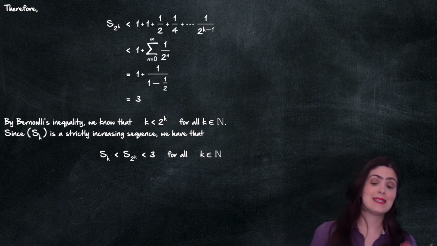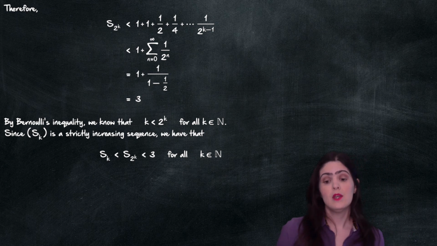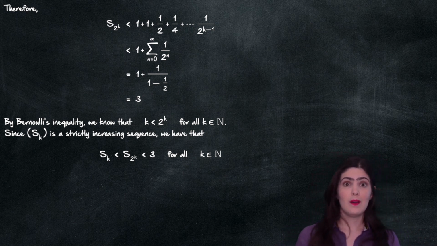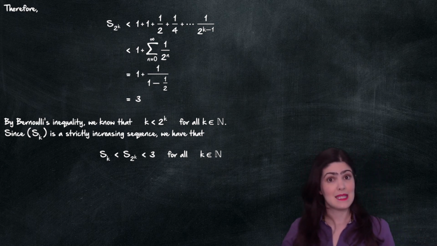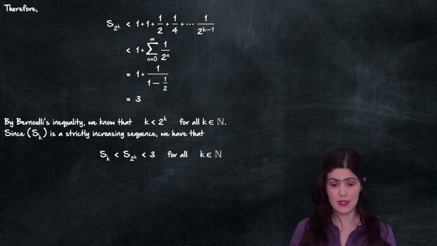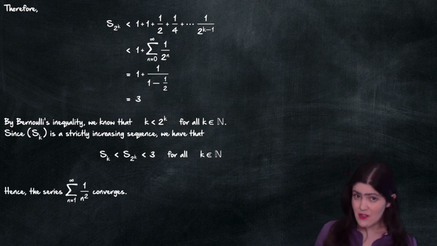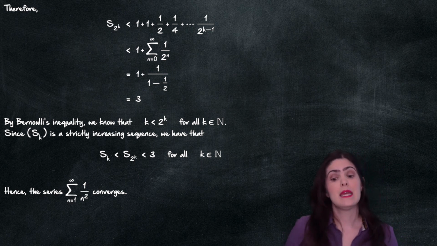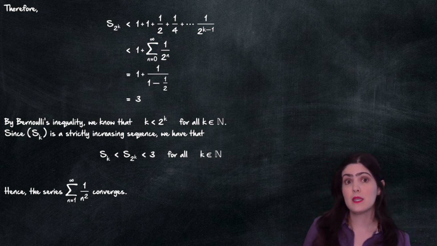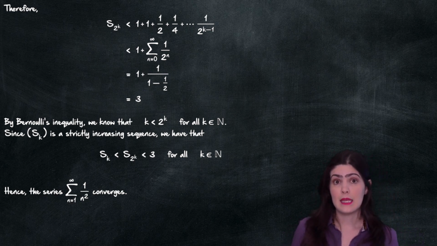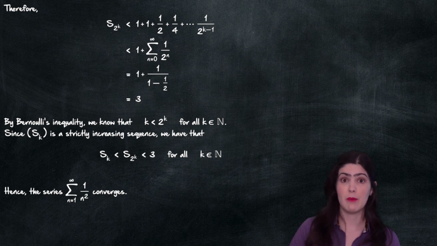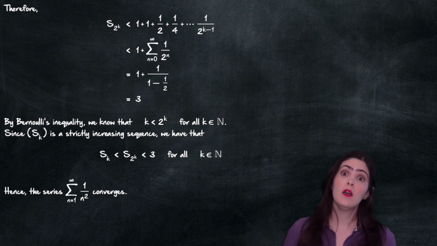So Sk is strictly less than S2 to the k, which is less than 3. Oh, that's it. My sequence of partial sums is bounded. So the series of 1 over n squared converges, because remember, the sequence of partial sums is increasing and bounded above, which means that it is convergent.